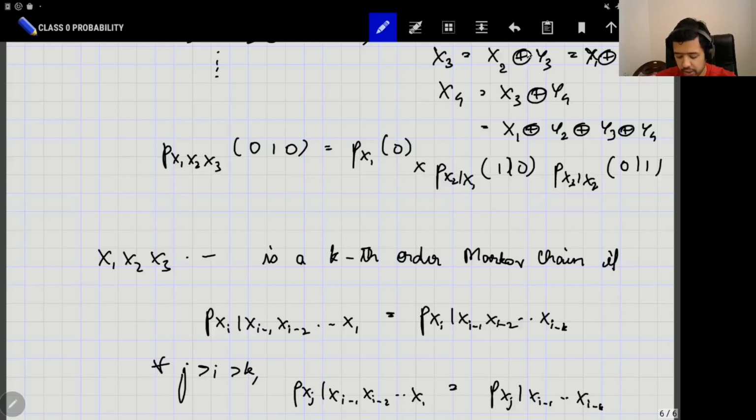So at least in a first course in information theory, which is this course, and in source coding and channel coding, we'll generally study independent and identically distributed sequences, but a lot of these results can be generalized to first order and more general kth order Markov chains as well.